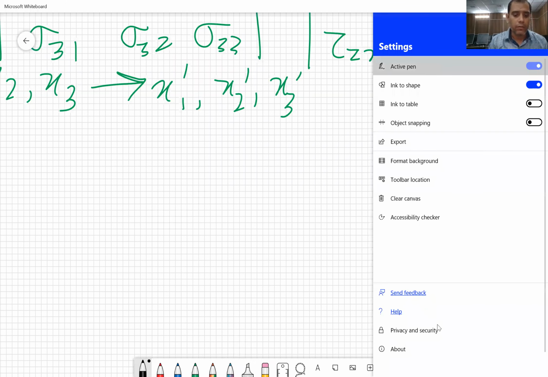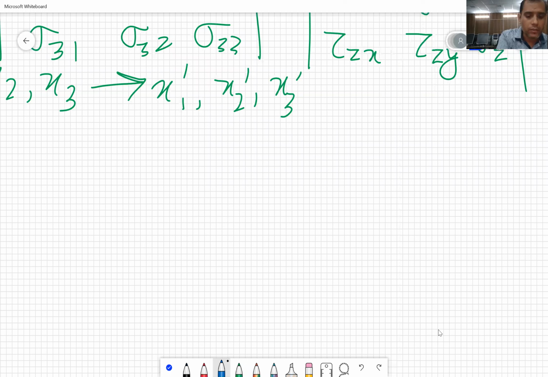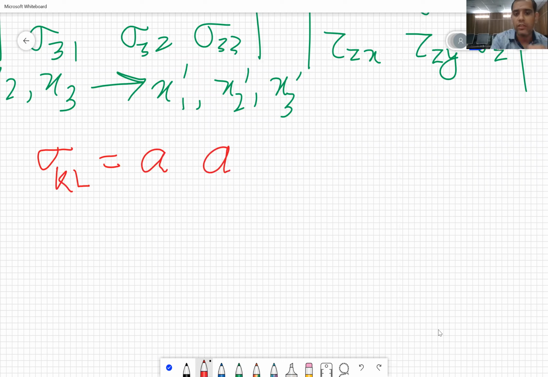So again, I'm writing this equation. What is the best method? When we are writing sigma KL, that means it is a second rank tensor. So, as it is a second rank tensor, we will write only two a's here.